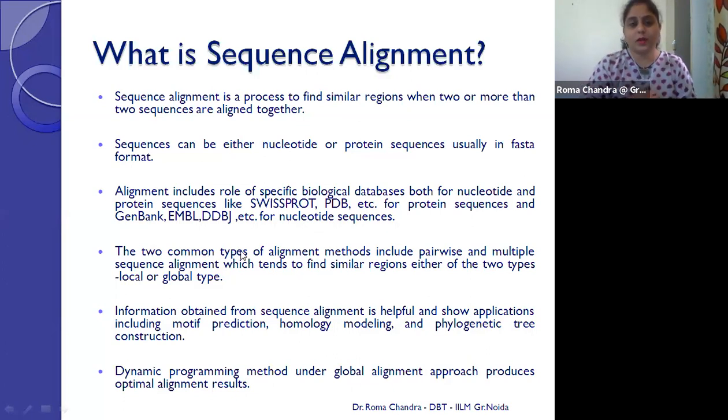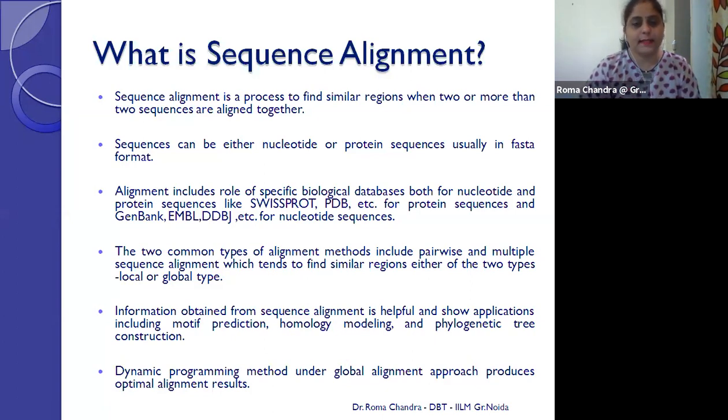Alignment is a process where we try to find similar regions when two or more sequences are aligned together. The main purpose of alignment is to find out similarity between sequences. The similarity can be between two sequences, and it can be between more than two sequences. Both possibilities are there when we talk about sequence alignment.